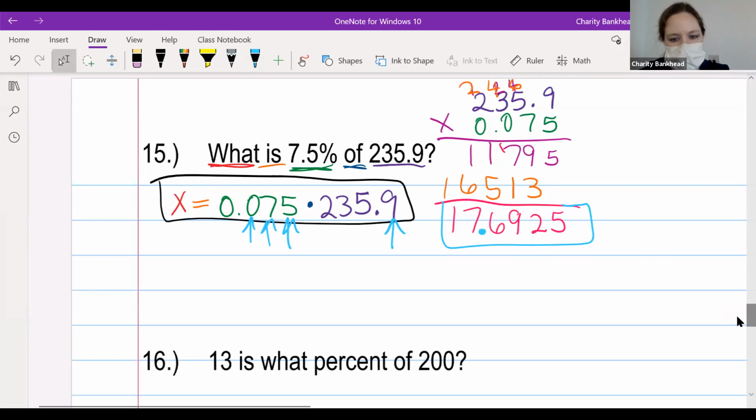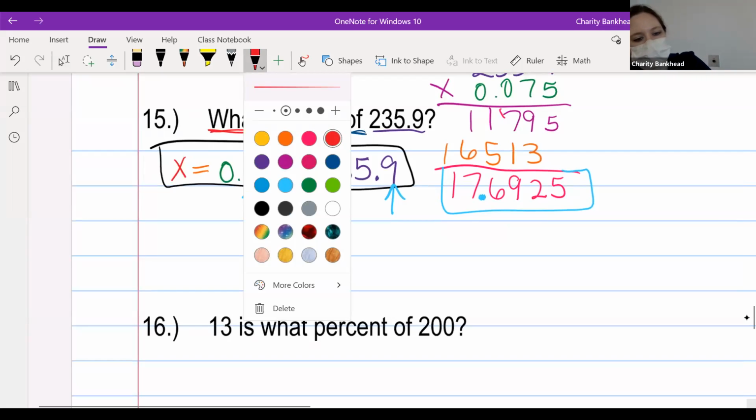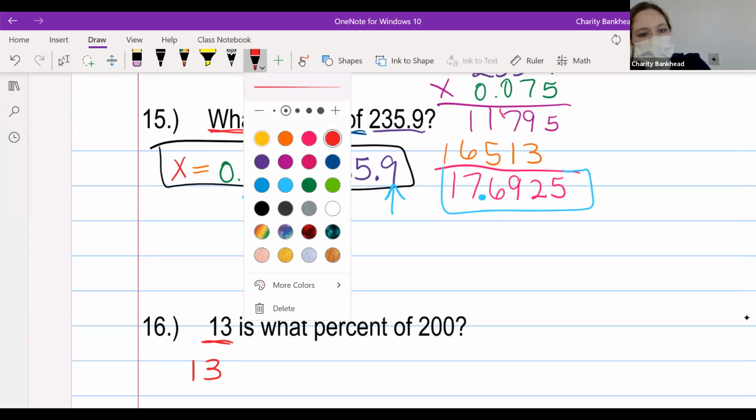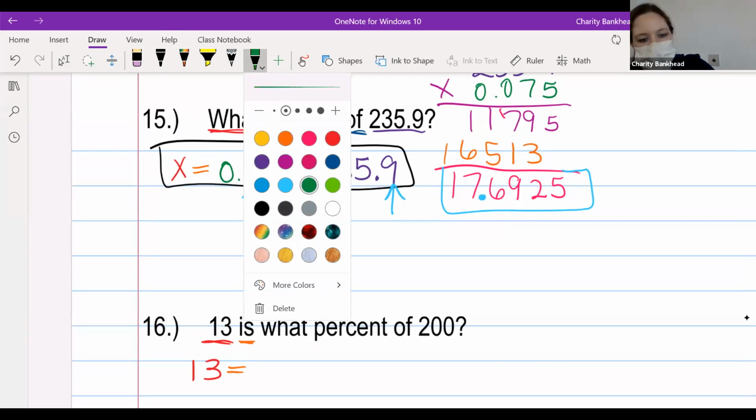All right. Number 16 says 13 is what percent of 200? Okay, so I like to just translate this directly into an equation. So 13, and then is means equals. And then it says what percent.